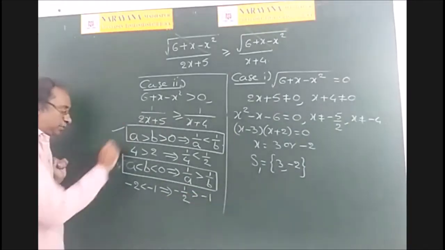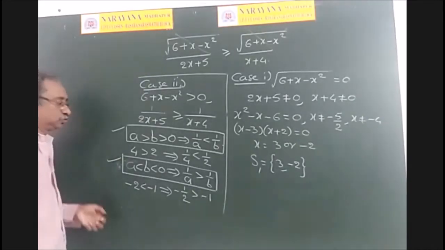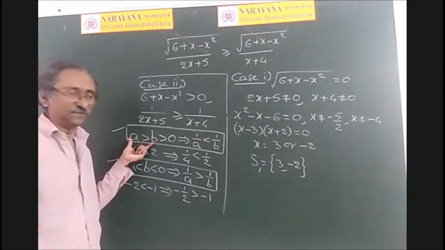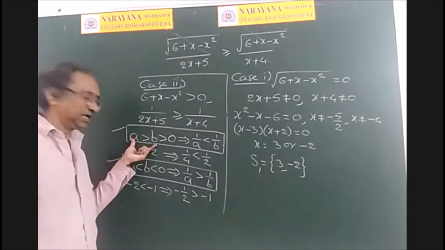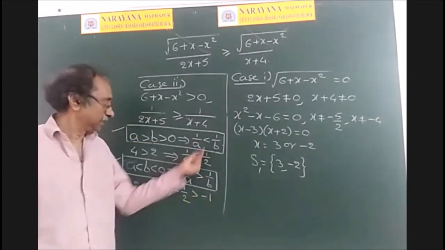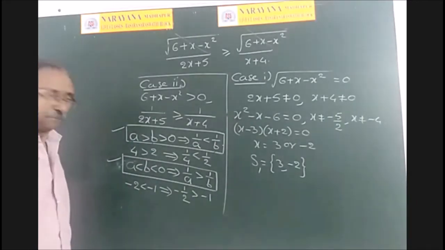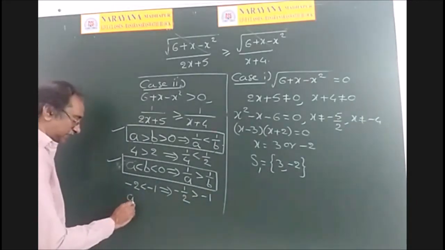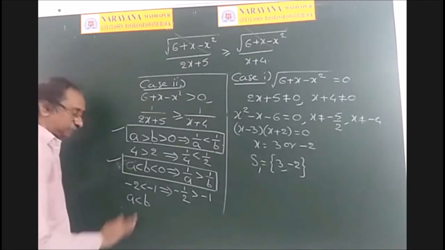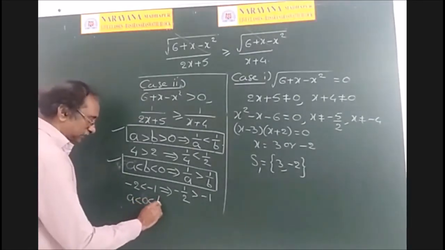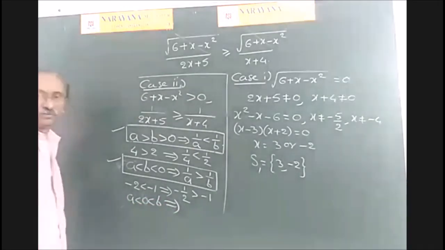So remember these points. Whenever A and B have the same sign, then in that inequality we can reverse them. Less than becomes greater than or greater than becomes less than. But if one is positive, one is negative. Suppose A less than 0, less than B. So what is meant by that?